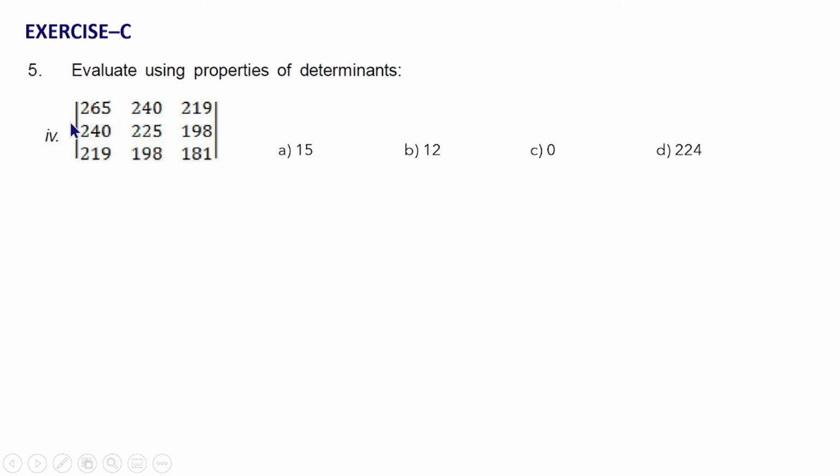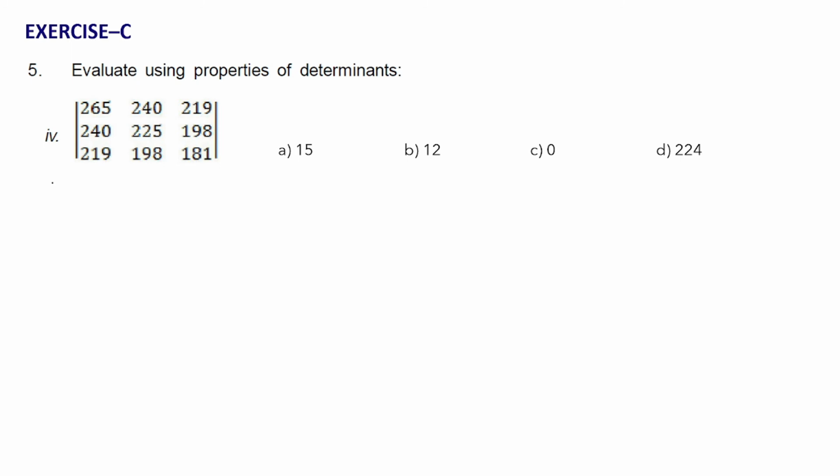The next question, determinant of 265, 240, 219, 240, 225, 198, then 219, 198, 181. So we have to find the value of this determinant.